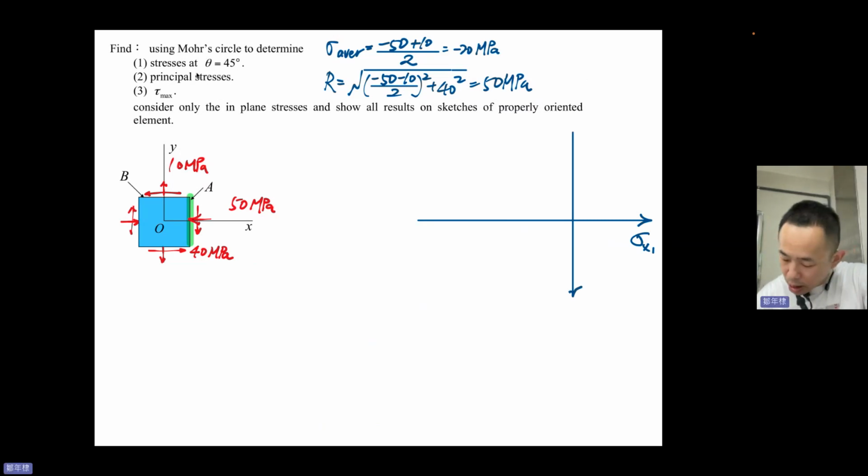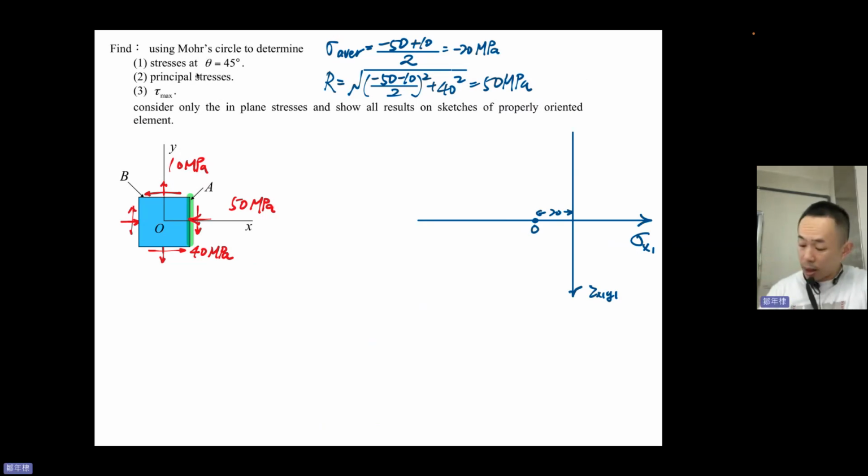Okay, so this is tau x1y1. Okay, and minus 20 will be your origin, right?